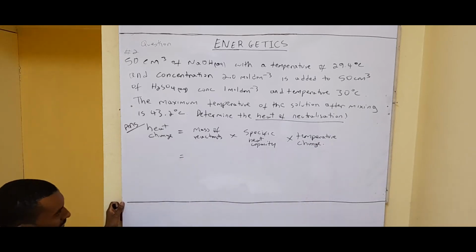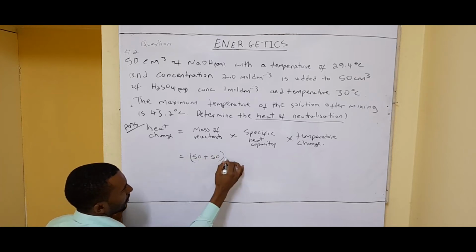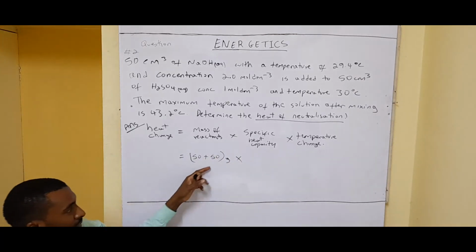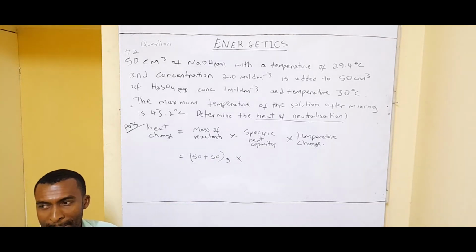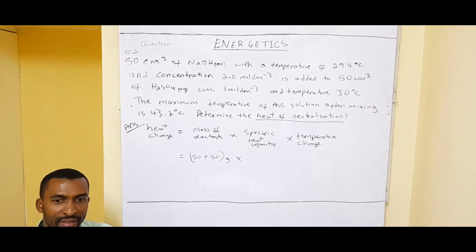What's going to be the mass here? 50 plus 50. How do we get this 50 plus 50? The 50 cm cube of sodium hydroxide, 2 moles. We're adding the 50 cm cube of sulfuric acid. And we assume that the density of these dilute solutions is the same as pure water, which is 1 gram per cm cube.